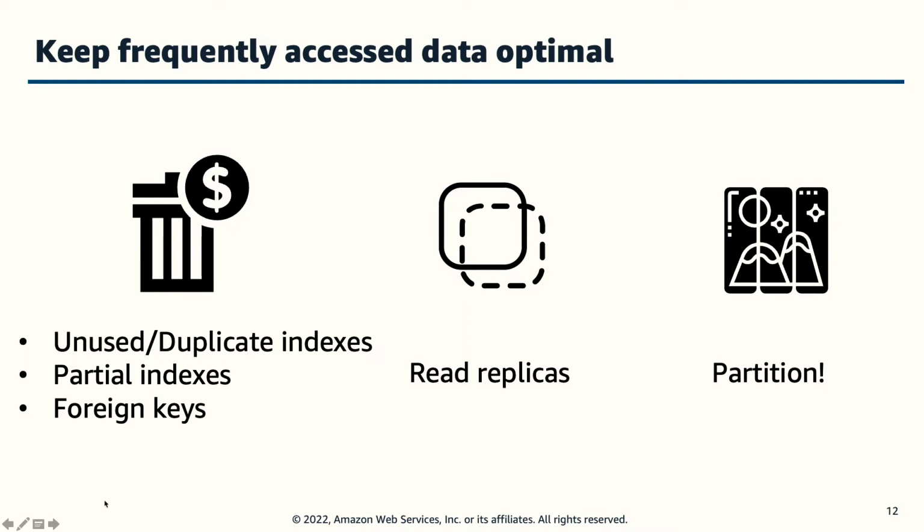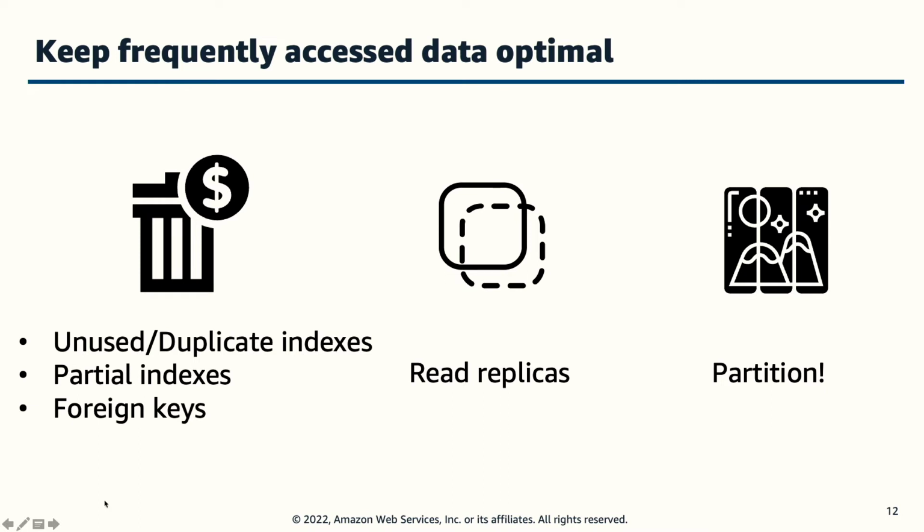A good example: if you have an orders table with a status column, and 99.9% of your orders are completed and you don't need to reference them anymore, but 1% or less are in progress, and you're constantly checking those orders. Having a partial index on that column helps, because the index is now smaller and has fewer buffers, and every time you do an update you're touching fewer buffers. Therefore, you're not going to have as much contention.